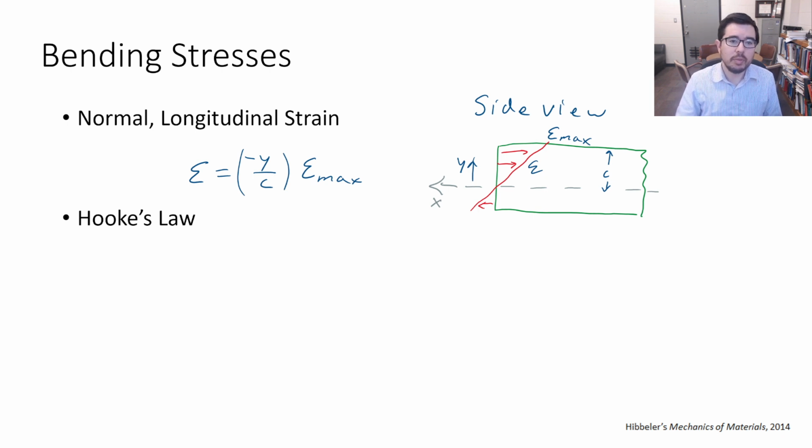Now, if we're interested in getting to stresses, maybe we should bring out our friend Hooke's law. In this case, Hooke's law relates sigma and epsilon through the elastic modulus. So sigma equals E epsilon.